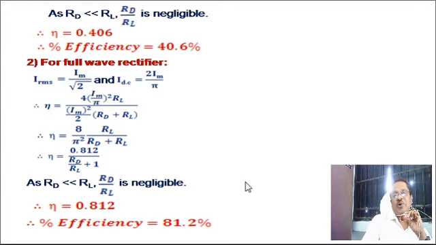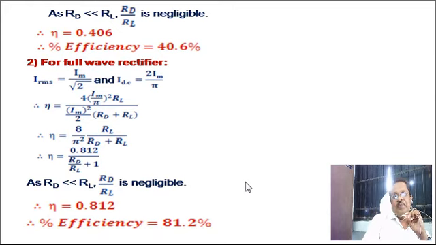Means 81.2% of the AC is converted into DC in the full wave rectifier circuit, and therefore full wave rectifier circuits are more effective than the half wave rectifier circuit.